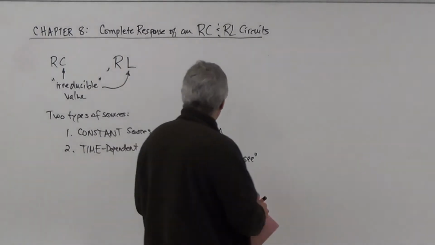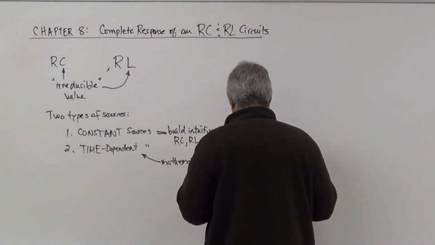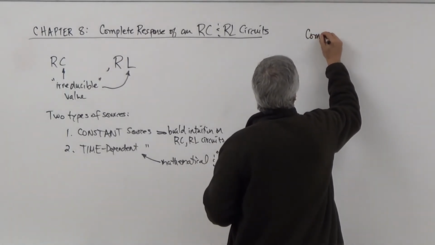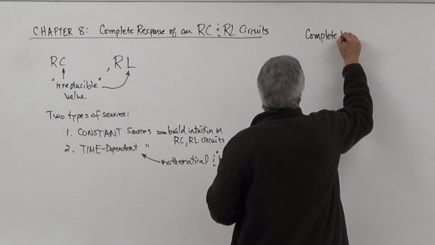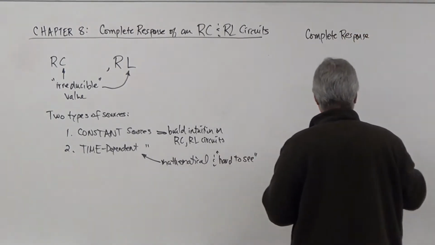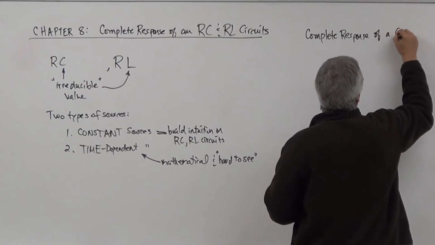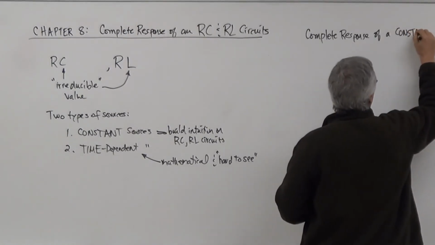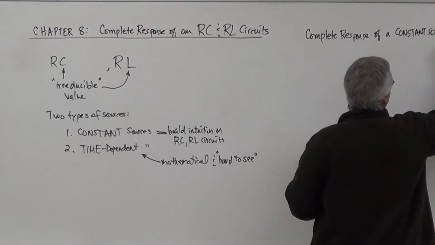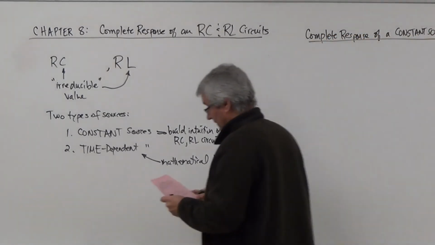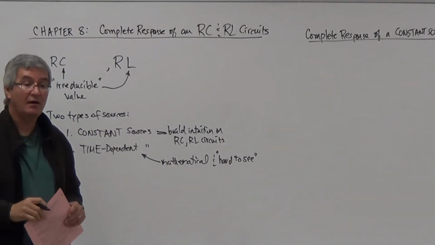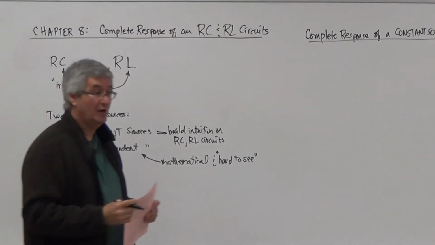So what you're going to find here is we're going to do this. When I look at the complete response of a constant source, we're going to do the same thing all the time for constant sources.